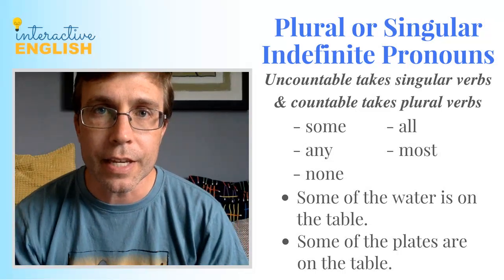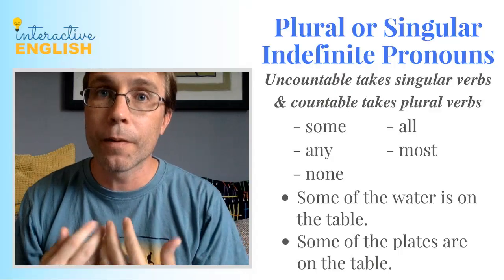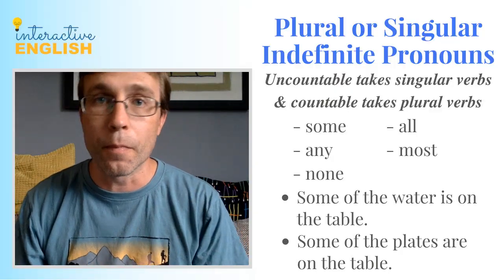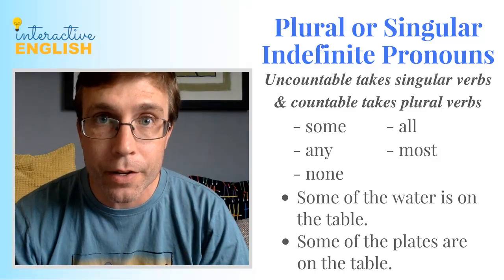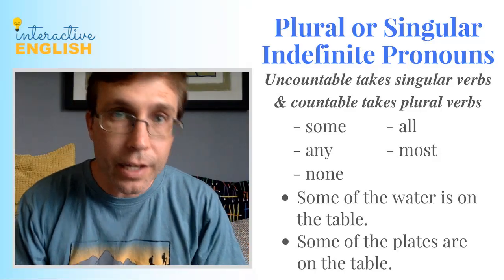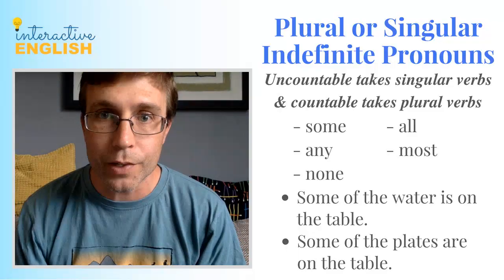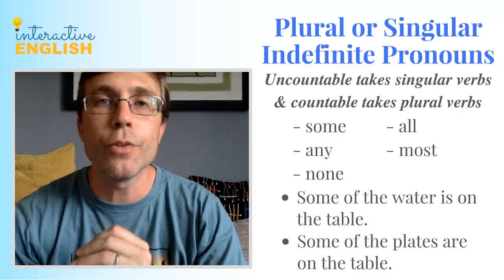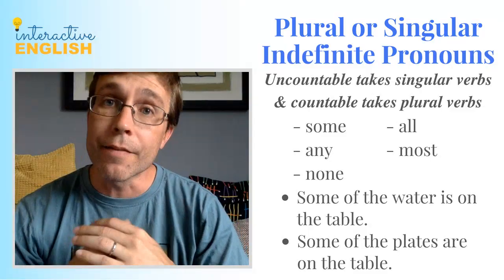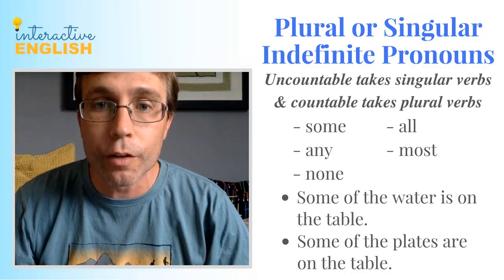Often when you see these, they're going to be followed by of. Some of, none of, most of. And then that's going to help us determine whether we're going to use a singular verb or a plural verb. Because if what follows is uncountable, then we are going to use a singular verb. If it's followed by a countable noun, then we're going to use a plural verb.